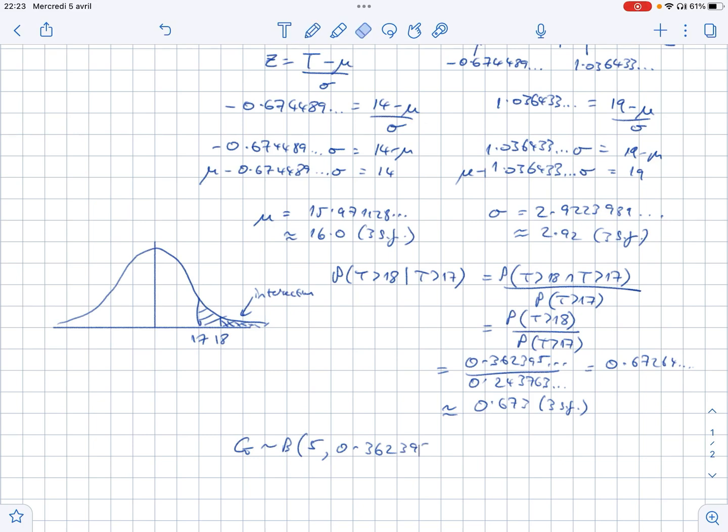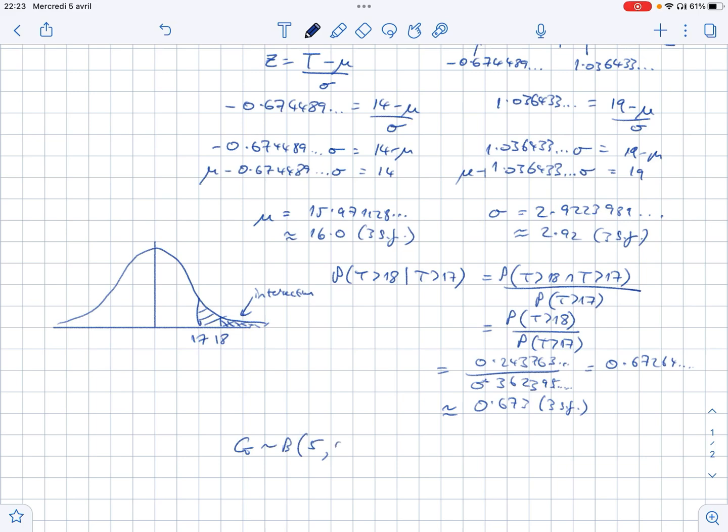That's not good. I've written these two probabilities the wrong way around. Back here, this should have been the other way up. Greater than 18, 0.243763 over 0.362395. That's better. I put it the right way in my calculator to get the answer out, but wrote the wrong thing down.